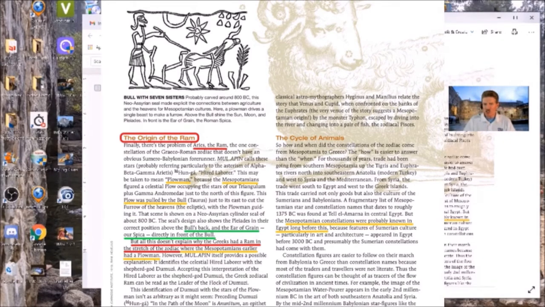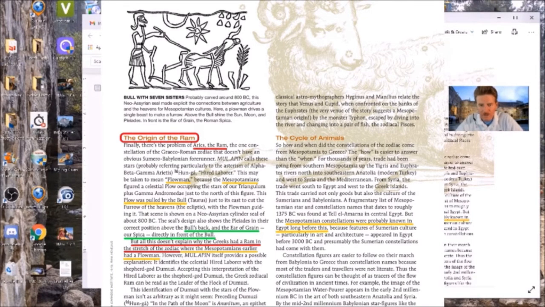So this is page 71 of the same Sky and Telescope magazine, January 2018. Notice here under the subject title, the origin of the ram. This is the Greek Aries, which as I've underlined there as the plowman, because for the Mesopotamians, the plow was pulled by the bull.